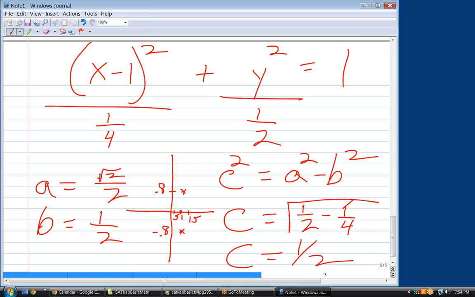So now I can connect everything to make the ellipse. Way to draw it really tiny. At first, it didn't make sense to me that C could be the same as B, but we can clearly see that it can be. In other words, I can go all the way up to 0.8. I know the foci have to come somewhere there, and another one down here.